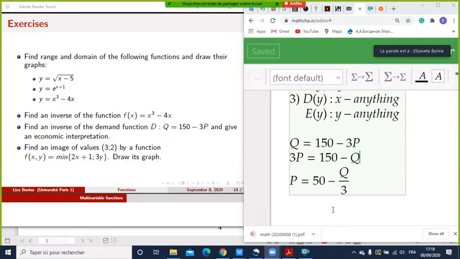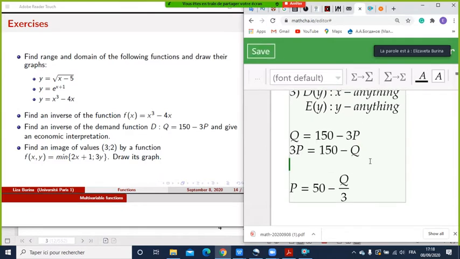Let's first find the expression. Move the 3P to the left, change the sign. Move Q to the right, change the sign. Now we just have to divide both sides by 3 and we'll get pure P. So it's 50 minus Q over 3.